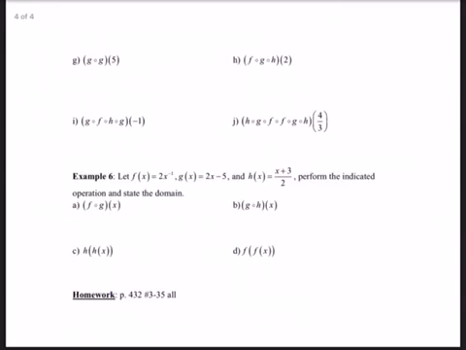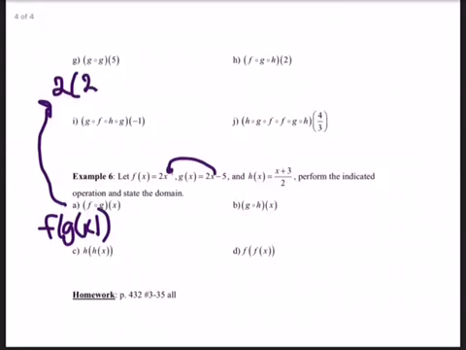Alright, so now we're going to look at some domains and ranges here. Okay, so we're going to do f of g of x. So that means insert g into f. So that's going to give me 2, and that's going to be 2x minus 5 to the negative first.